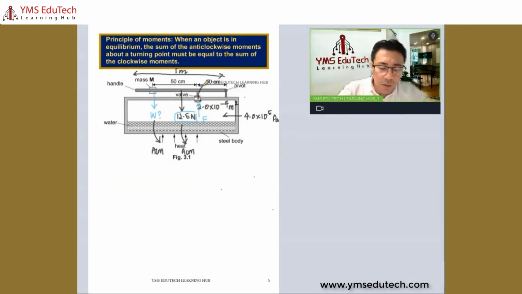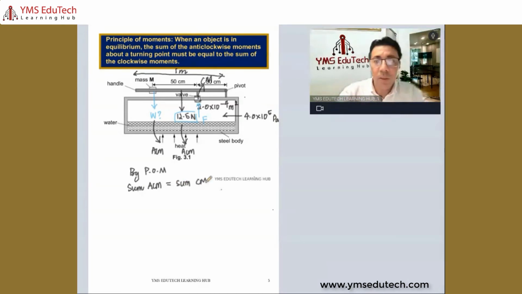The upward force exerted on the valve will cause a clockwise moment. Therefore, by the principle of moments, for the system to be in equilibrium, the sum of anti-clockwise moments must be equal to the sum of clockwise moments.